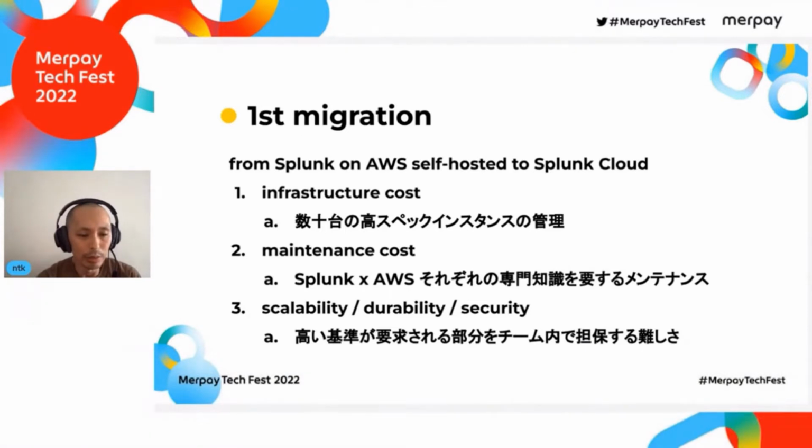We migrated the Splunk cluster built on AWS to a service called Splunk Cloud provided by Splunk. At the beginning of our service, when Merpay was launched, we chose to build our own service on AWS for the reasons that Splunk mainly guaranteed operations on AWS and also for the flexibility of building the service.